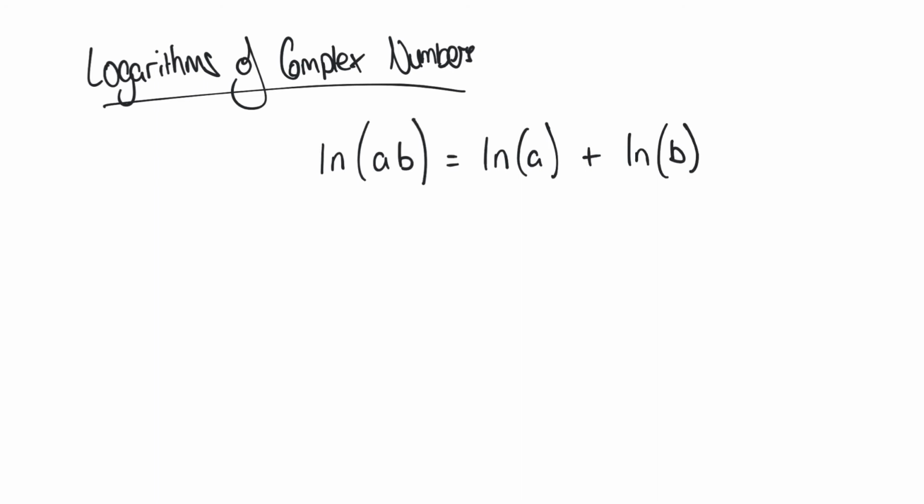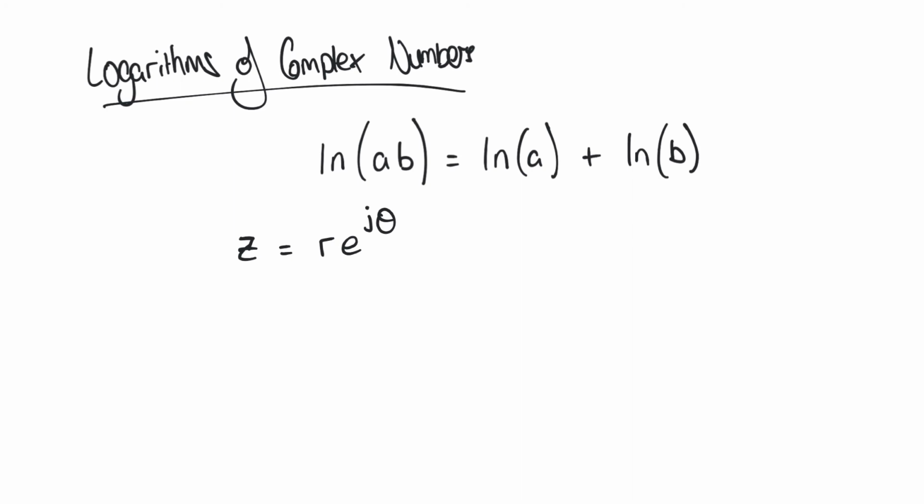We're going to use this law of logarithms in our formulation of exponential form. So let's say we have a complex number z equal to r e to the power of j theta, just like we saw before.